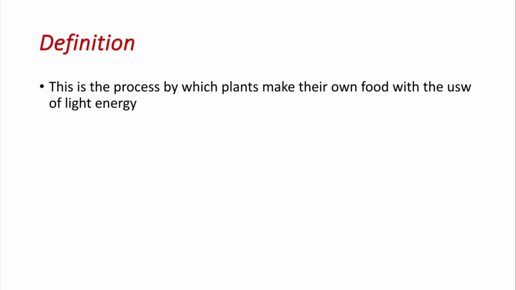Plants make their own food using light energy. Therefore, they carry out phototrophic nutrition. Otherwise, photosynthesis is a process by which plants make their own food using light energy. And photosynthesis is an example of phototrophic nutrition, my student.